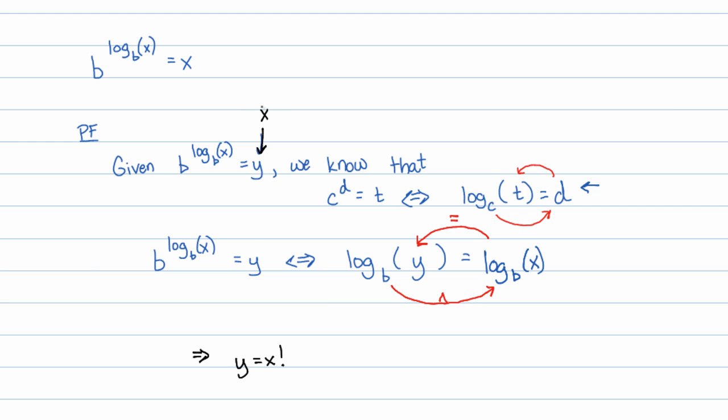It's equal to x. Or in other words, b raised to the log base b of x is equal to, instead of y, I know y is equal to x, so I'm just going to say x. And there we go. That is the proof. Okay?